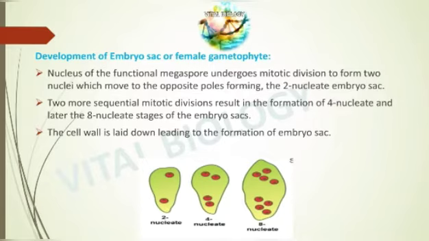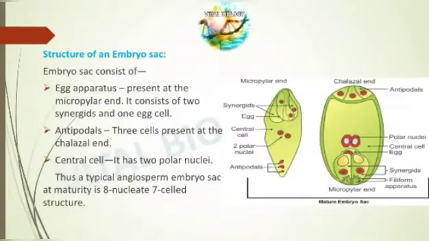So the next point is that the cell wall is laid down, leading to the formation of the embryo sac. Let us move on to the next slide, the final slide. Finally let us see the structure of the embryo sac.